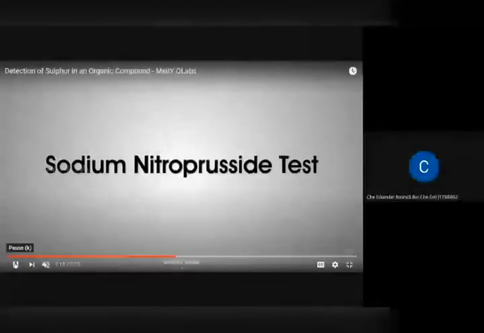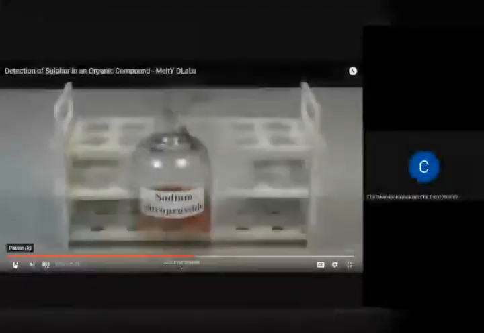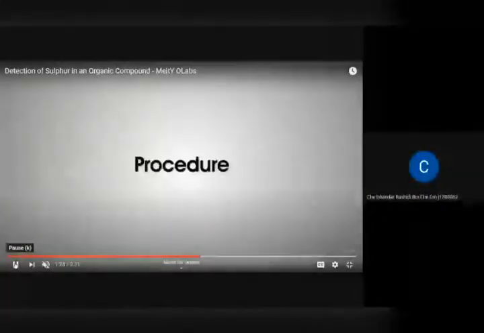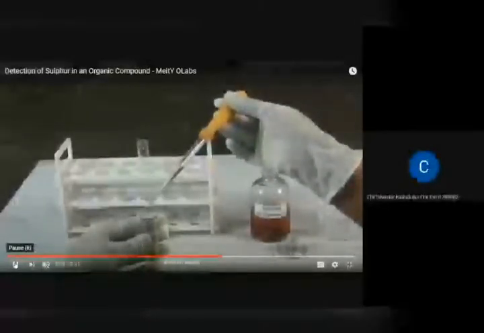Sodium nitroprusside test. Materials required: lassaigne's extract, sodium nitroprusside solution, test tube, and dropper. The procedure: add a small portion of lassaigne's extract to the test tube, then add a few drops of sodium nitroprusside using a dropper.